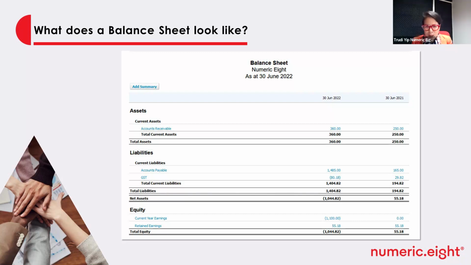This is not such a good balance sheet, as you can see, because the total equity is at a minus just over $1,000. We don't want to see balance sheets in a negative state. This tells me it's not in a very good position. But of course, use it as a tool to understand what you need to do to turn this around.